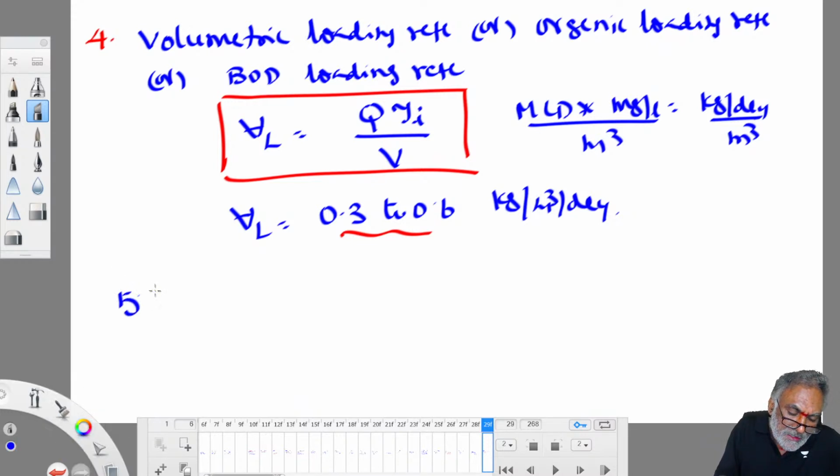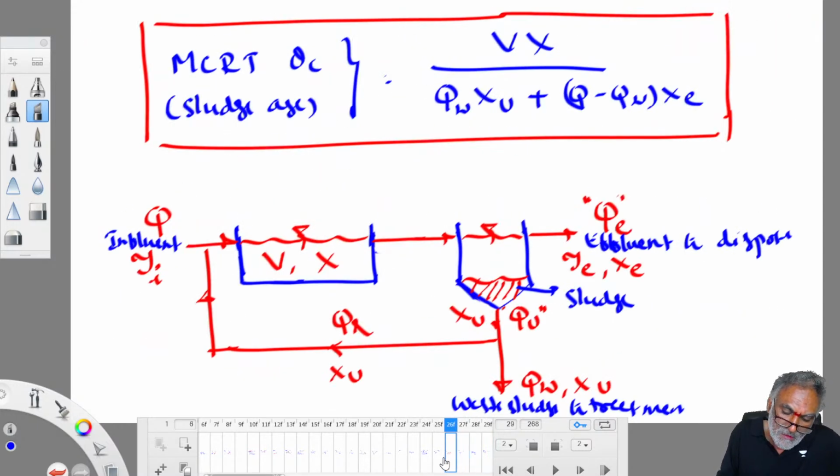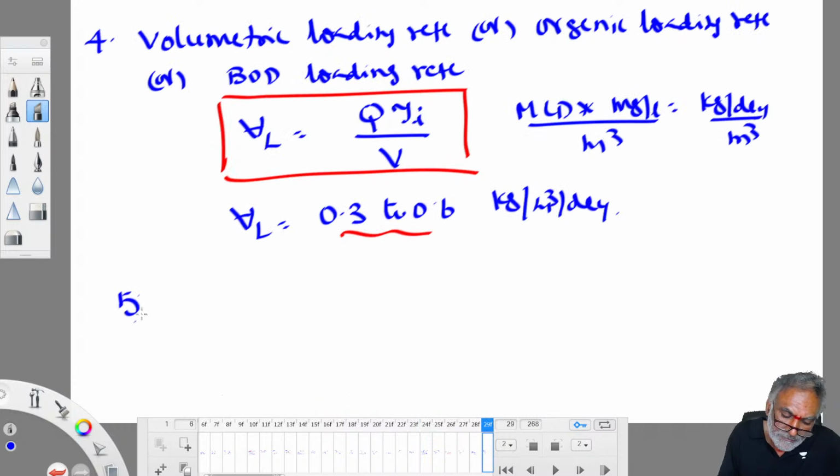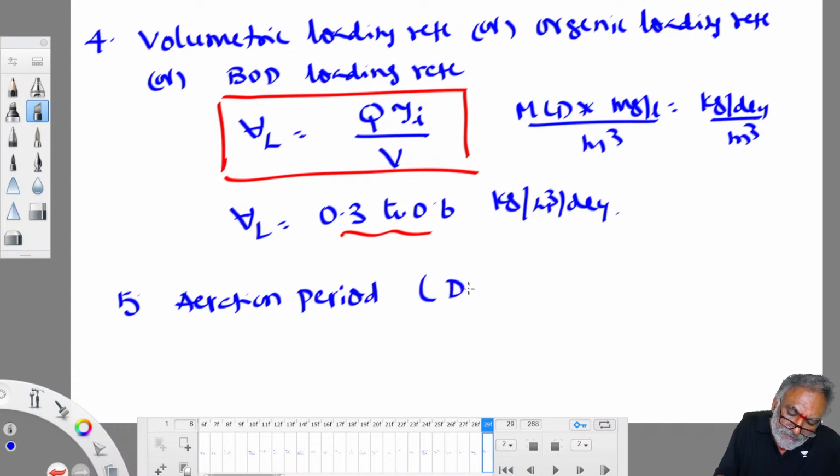Fifth parameter is aeration period. The first three are important for it. So this aeration period is nothing but detention time. We don't call it detention time, technically it is known as aeration period.